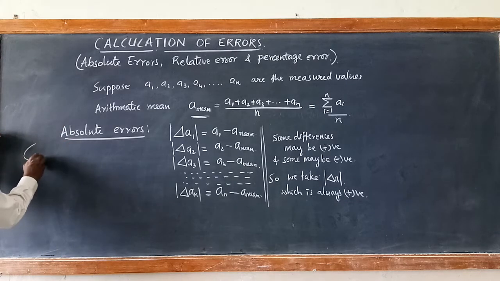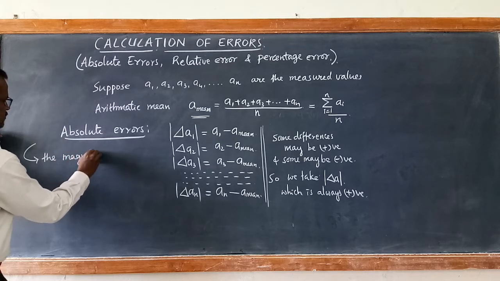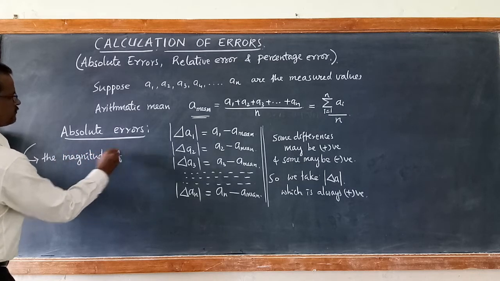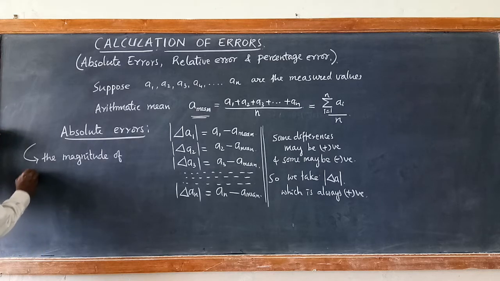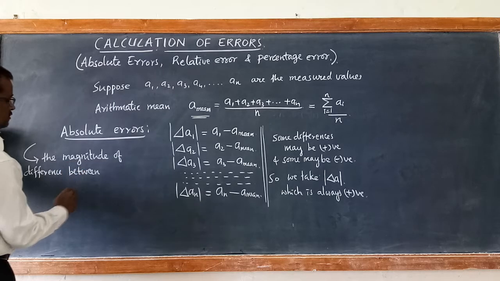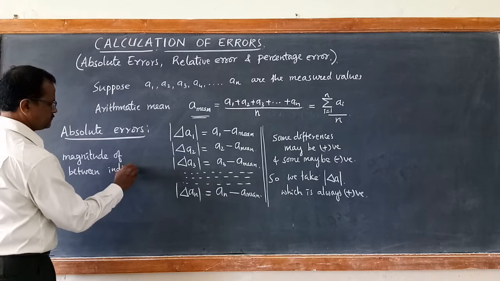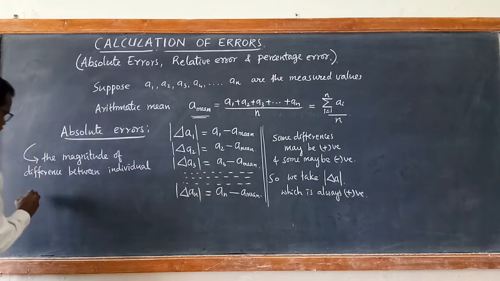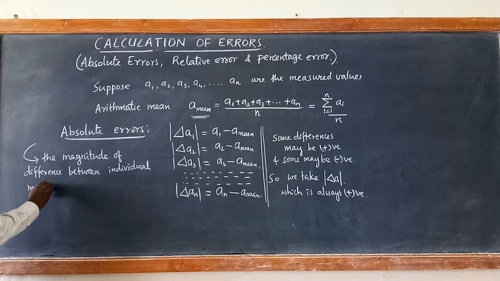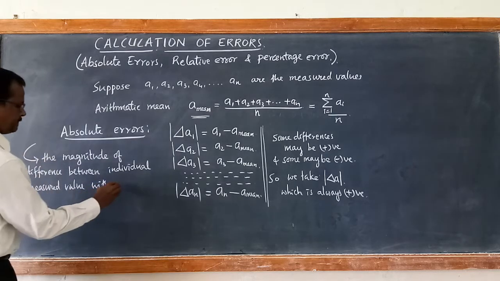Absolute error is defined as the magnitude of the difference between the individual measured value and the mean value.